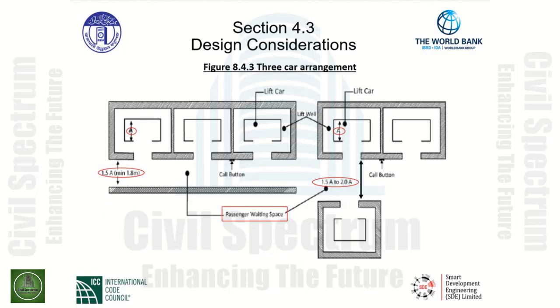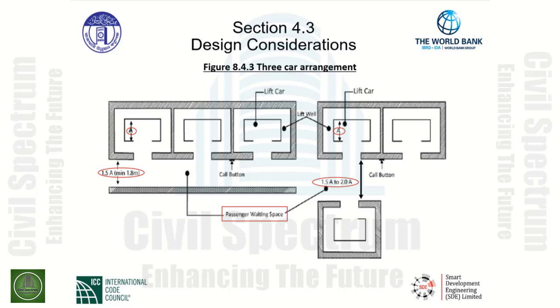An example of a 3-car arrangement is given in figure 8.4.3. Again, on the left-hand side, we have the arrangement of lifts that are side by side. The passenger waiting space must be a minimum of 1.5 times the depth of the lift car, but it must be a minimum of 1.8 meters at the least.